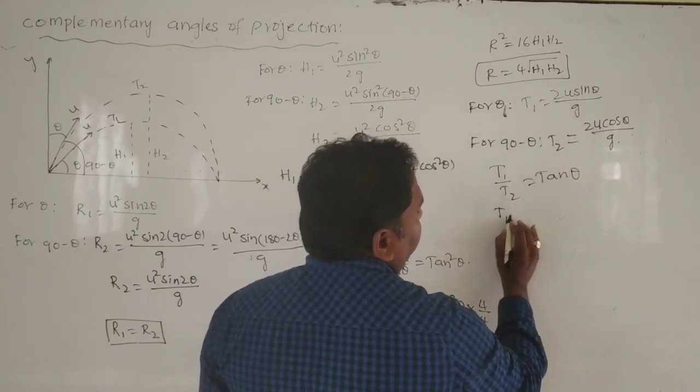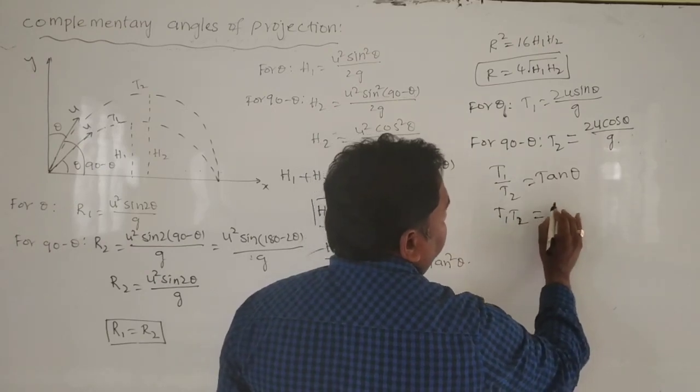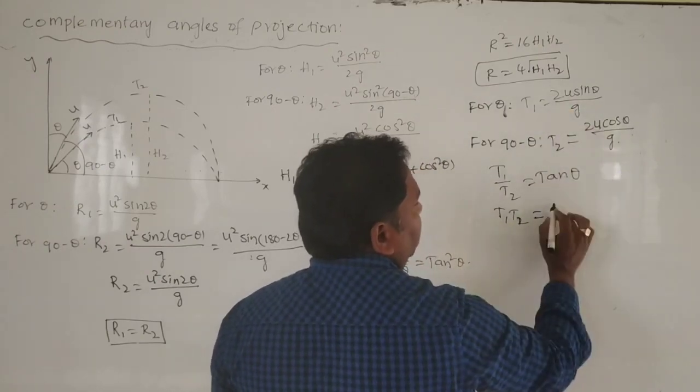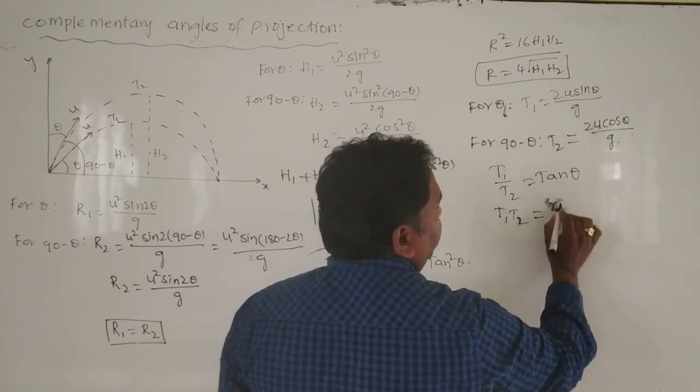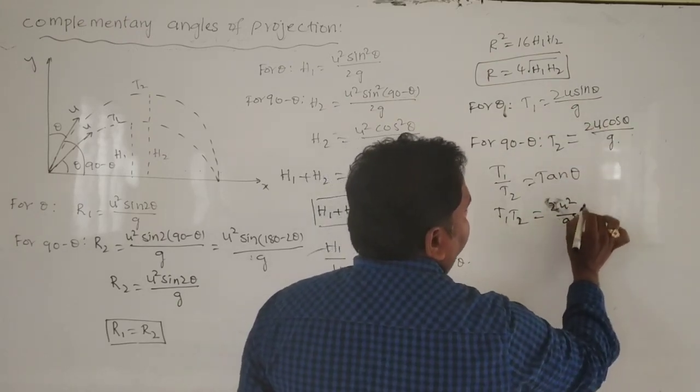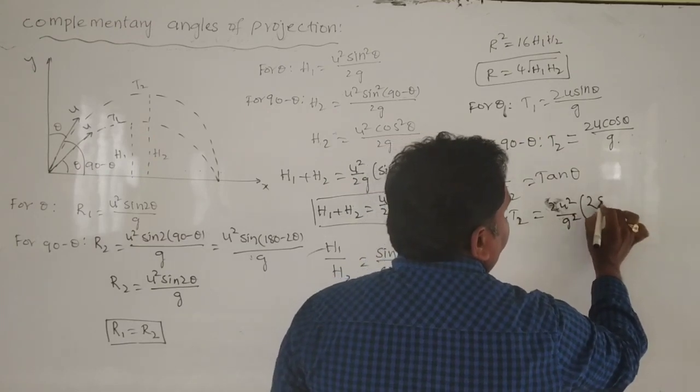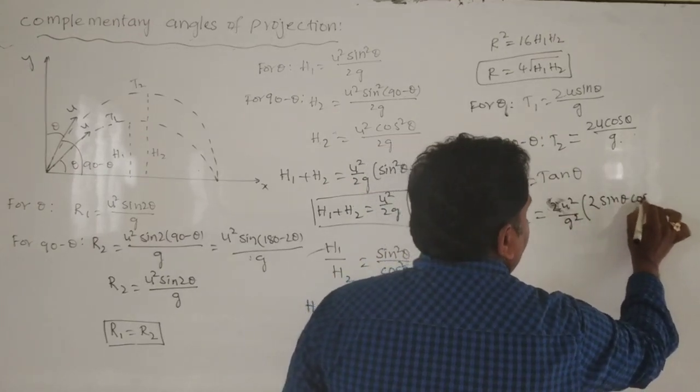So when we multiply t1 into t2, we get 4 u square by g square into sin theta cos theta, which is 2 u square by g square into sin 2 theta.